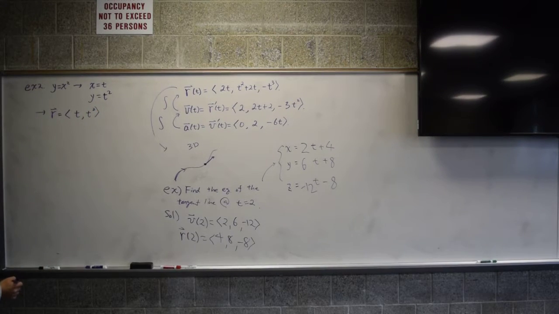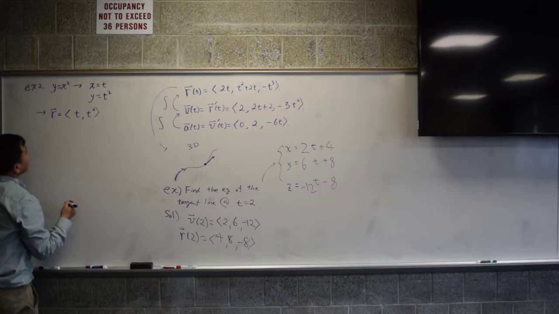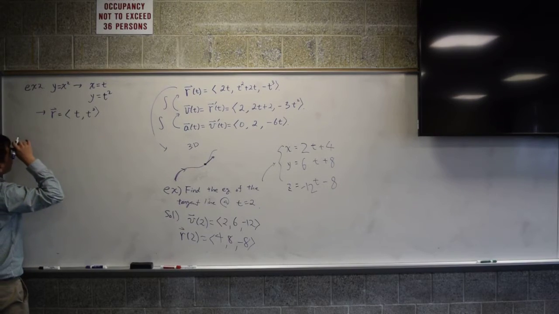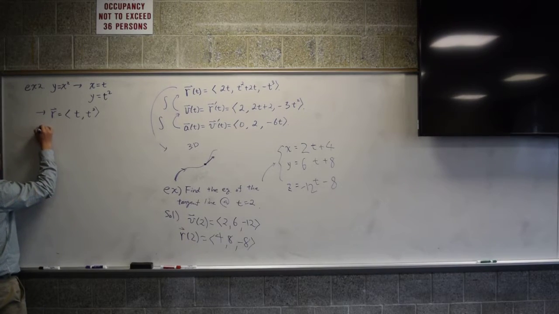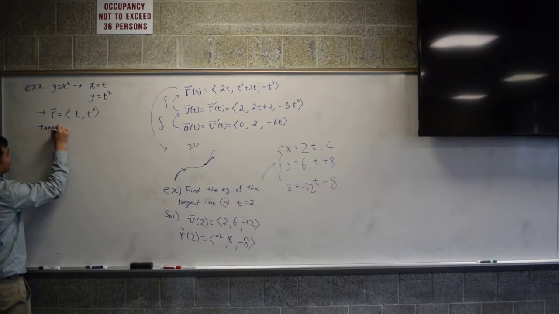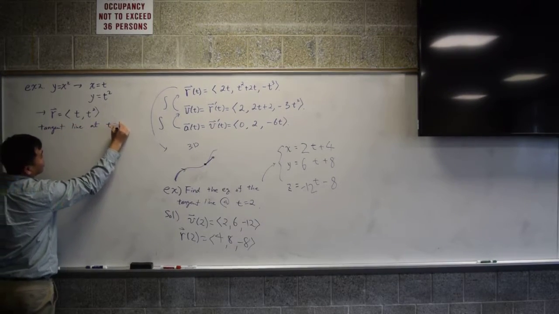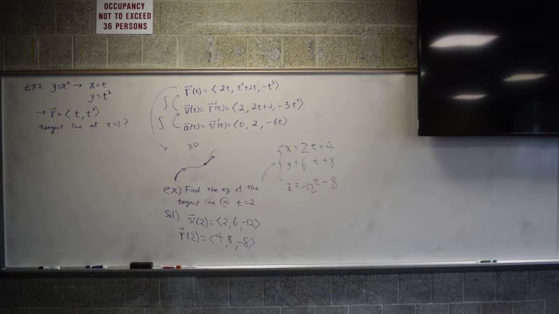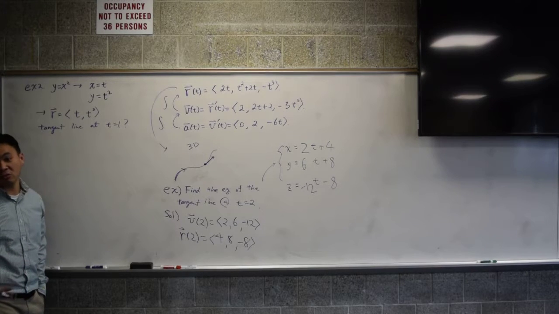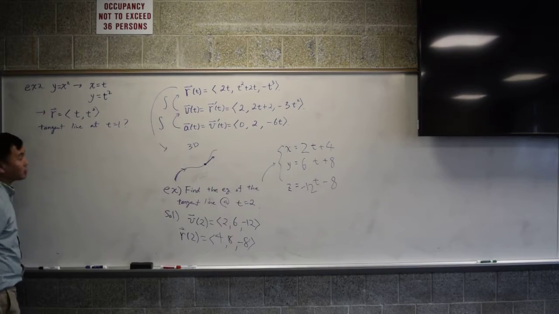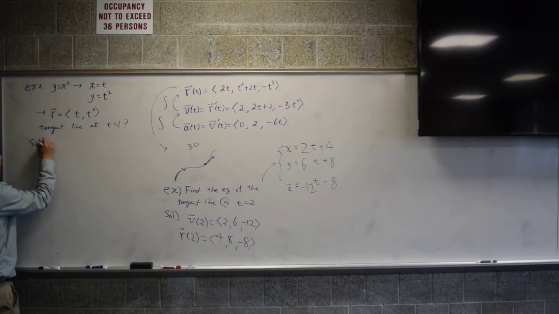Right. And then let's now come up with the question: tangent line at t equal to 1. That's a question that can be answered in both Calculus 1 and also this new thing. Okay? So solution.